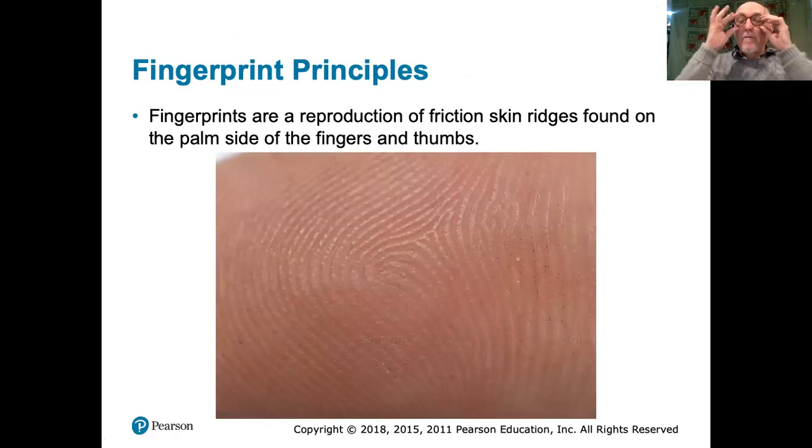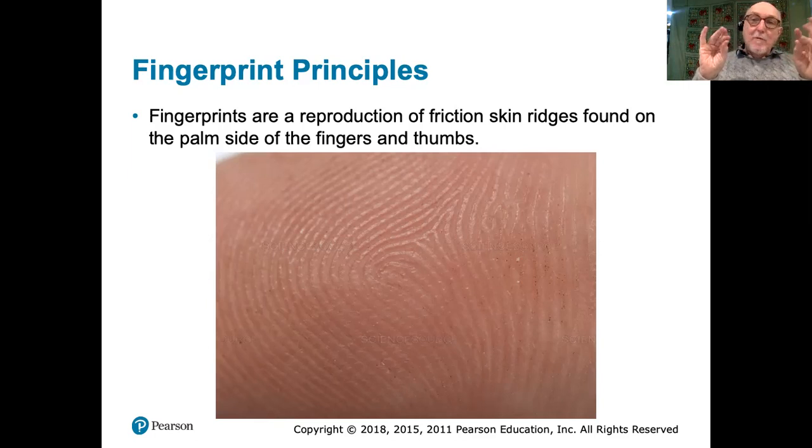You also do have them on your toes and on the soles of your feet, but not as distinctly as on the fingertips. And the reason that they're there is an evolutionary advance which improves our grip.